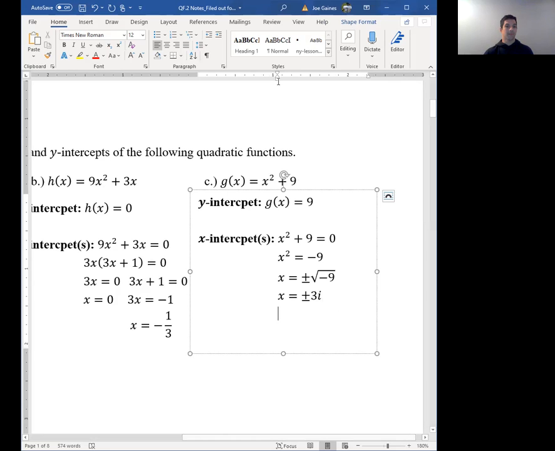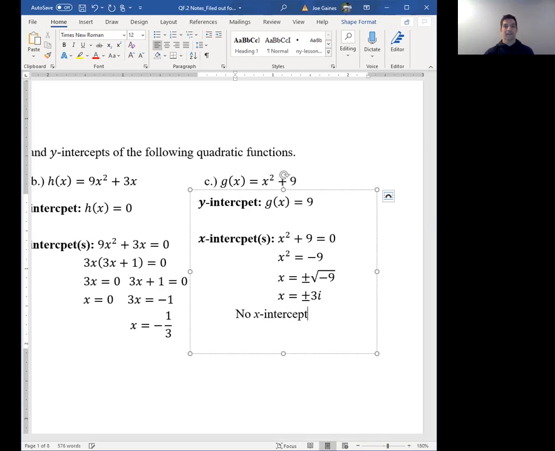Well, this problem is actually a little bit different than the previous ones. The x-intercepts here, or my solutions to the equation for x, are imaginary numbers. So what do imaginary numbers look like on a graph? Well, they don't show up. So this problem has no x-intercept.